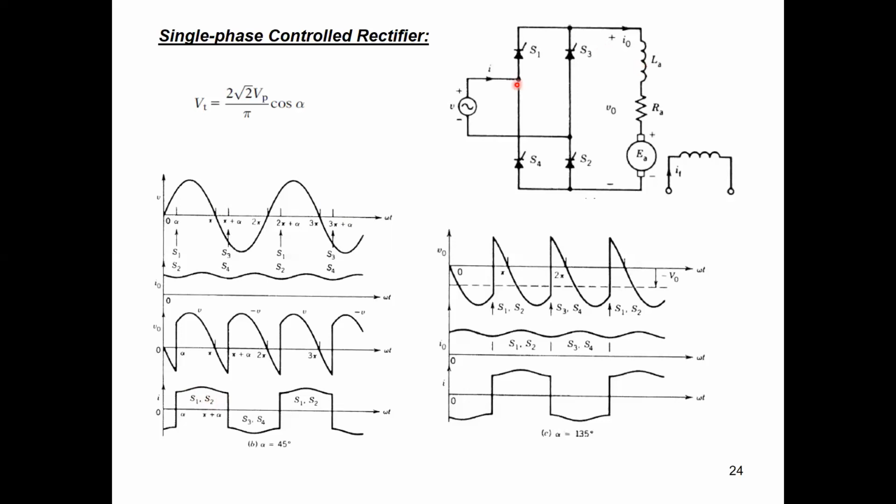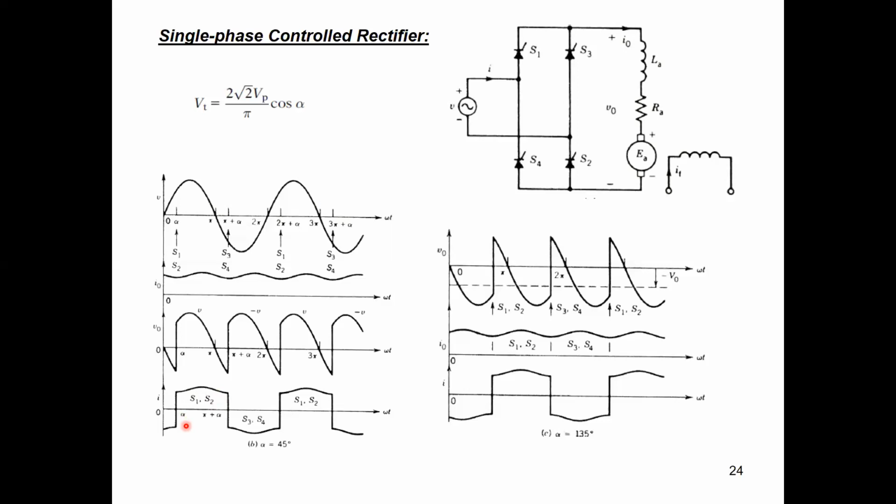As you can see in the circuit here, we turn on S1 and S2 in order to make a closed loop for the current. This is the way to operate in the positive half cycle. So this is the current of thyristors S1 and S2, and it will start at angle alpha and stay for 180 degrees.